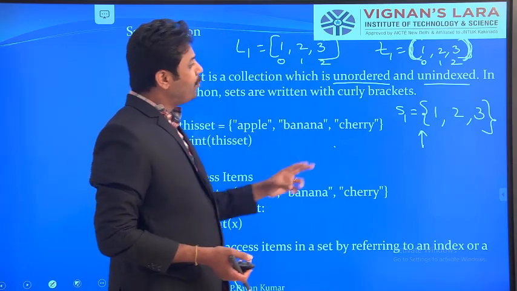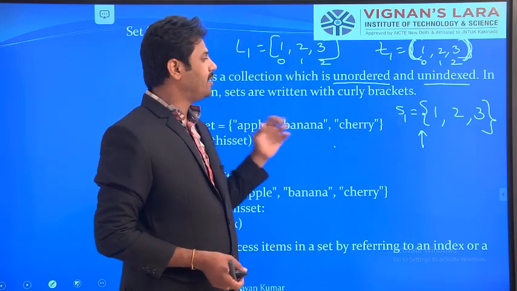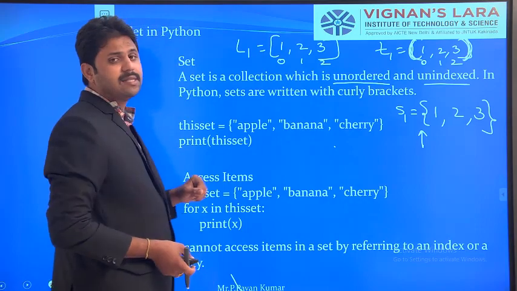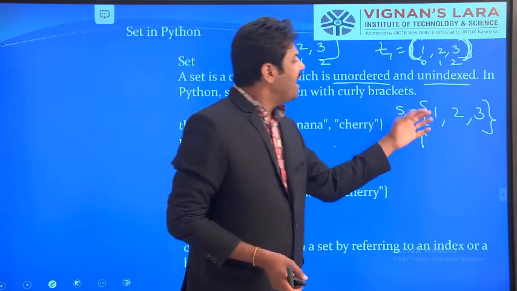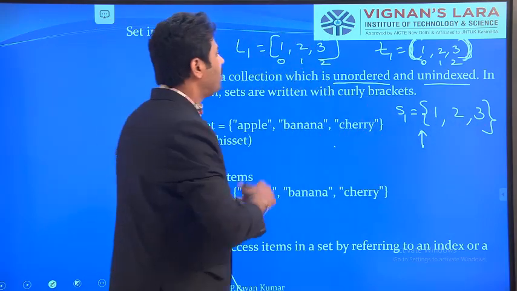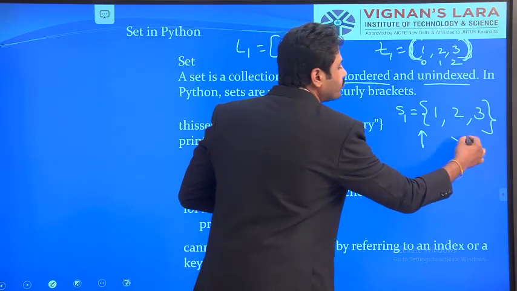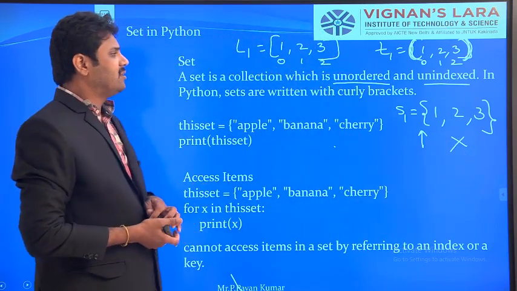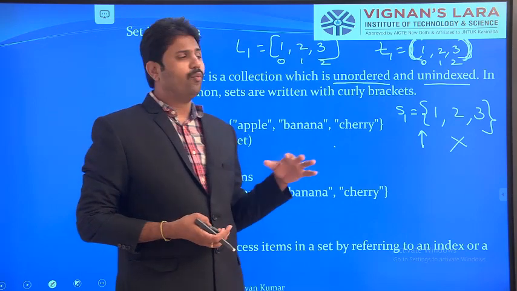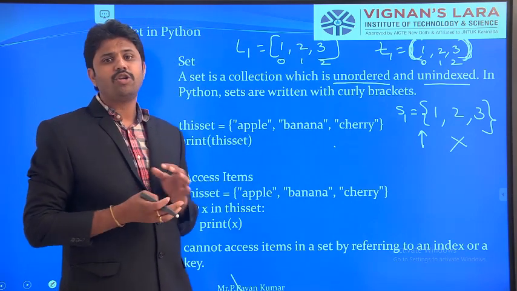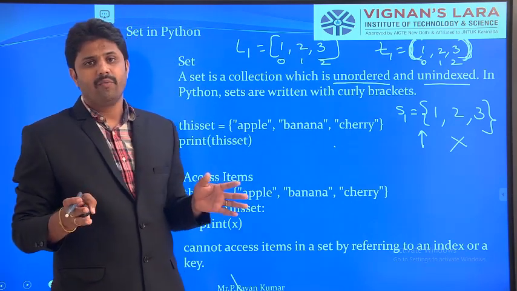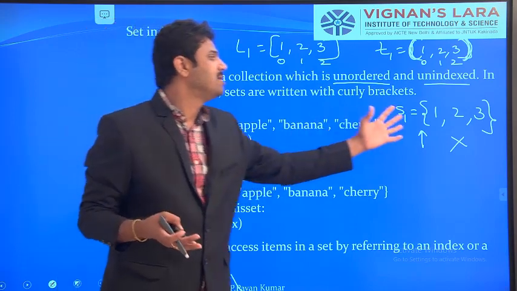And here we have the third data structure, sets. In S1, we don't have any indexing like 0, 1, 2. The data stored is unordered, which means it is not stored in any order. We don't have any particular order for sets.